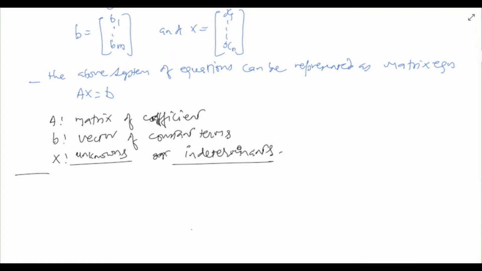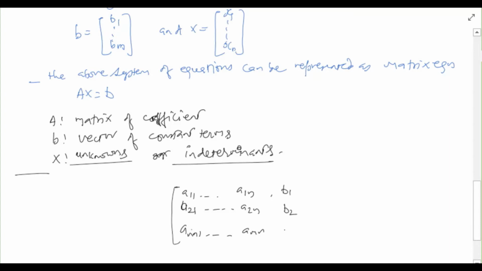While analyzing the above system of linear equations in the following, we will come across another matrix which is obtained as follows. Here we write A, which is a11 to a1n, a21 to a2n, am1 dot dot dot amn, and we attach to it the vector of constant terms.